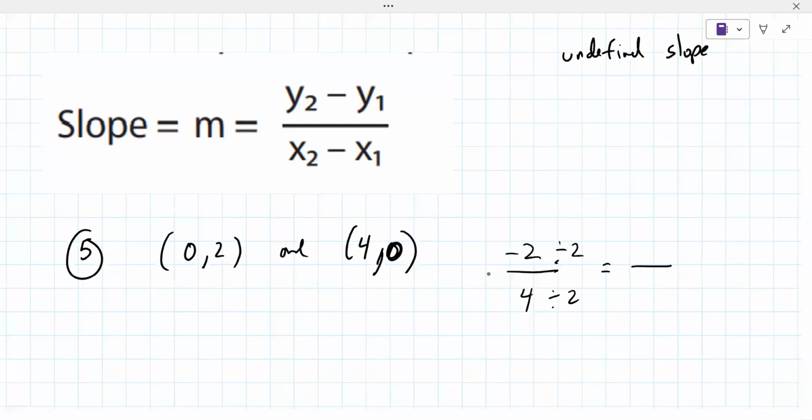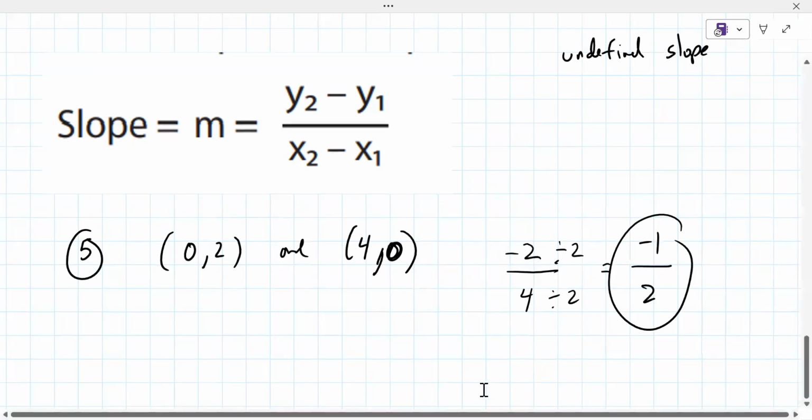So -2 divided by 2. Would that be -1? On the top, what about on the bottom? 2 divided by 2 is 1. Yes, that is correct. All right. Good job on that.